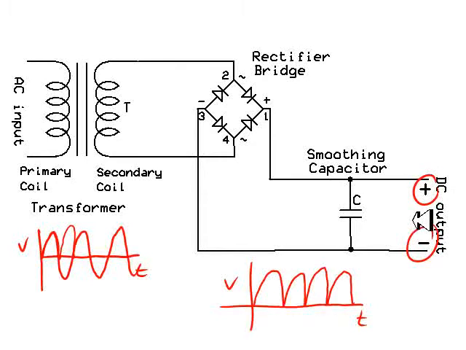The voltage goes from around 0 up to some maximum and back down to 0. Then back up to some maximum, back down to 0. What we want is a graph instead that looks like this. A constant voltage, just like you would get from a battery. And that's what the smoothing capacitor does.